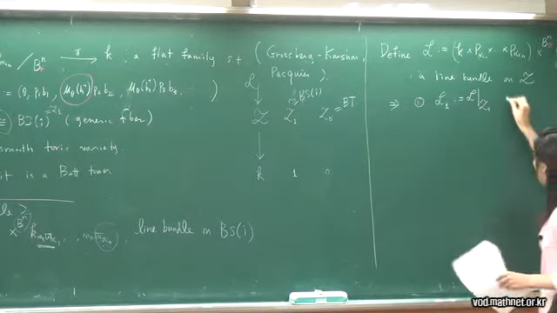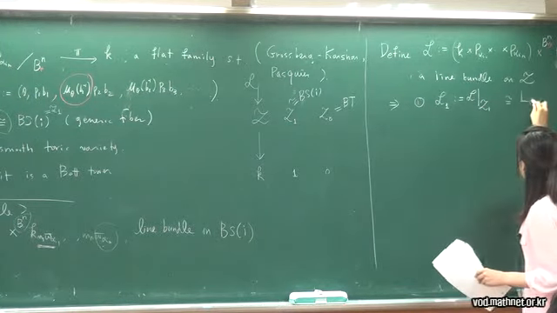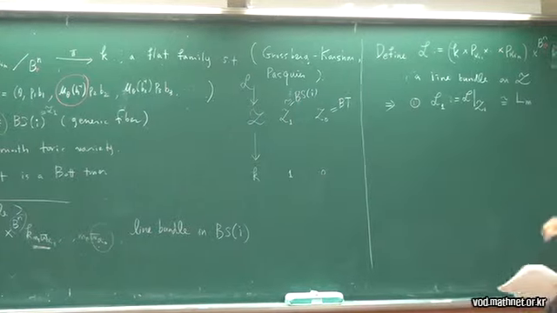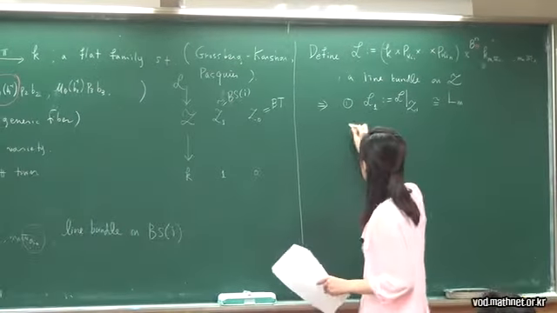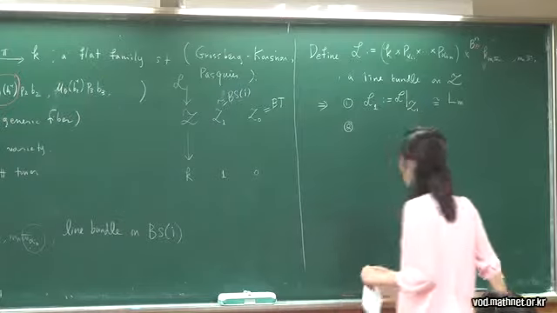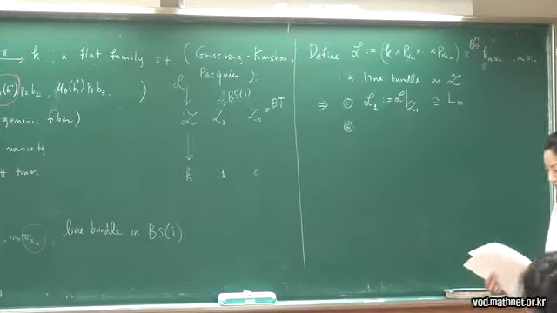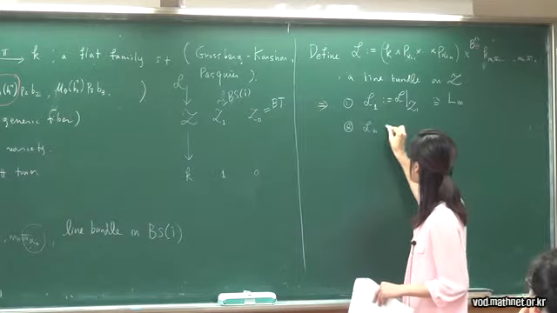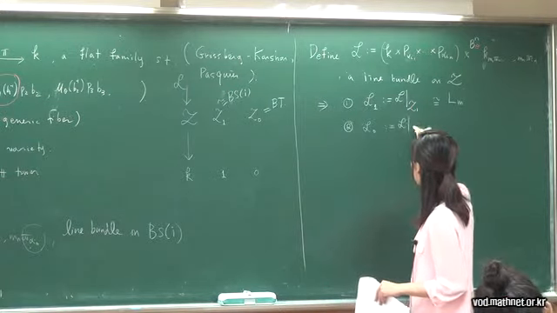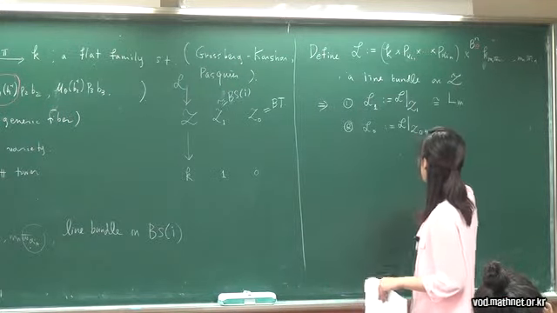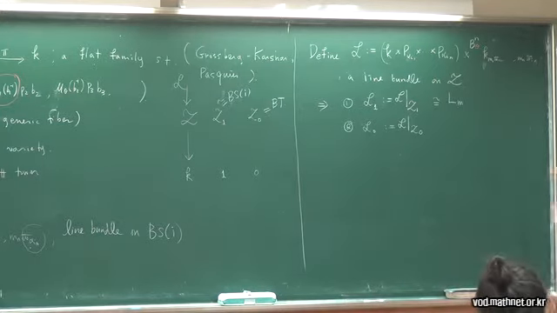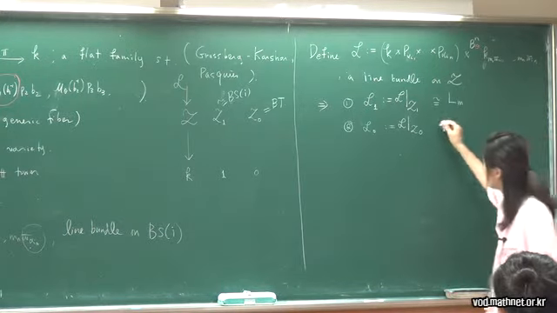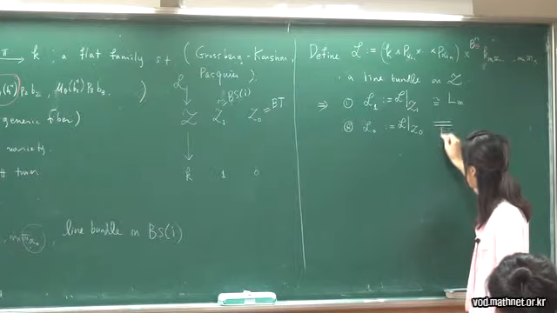Then this is isomorphic to L_m. Well, that's also straightforward to see. Now let's see L_0, which is the line bundle L restricted to this bar tower. This is one of our lemmas.